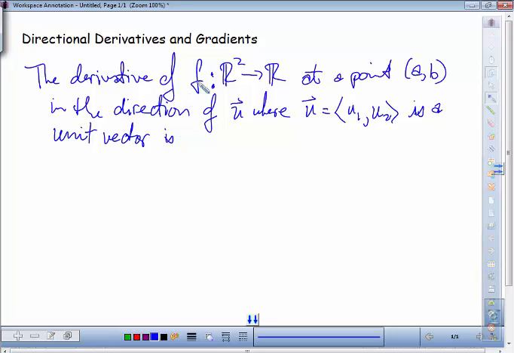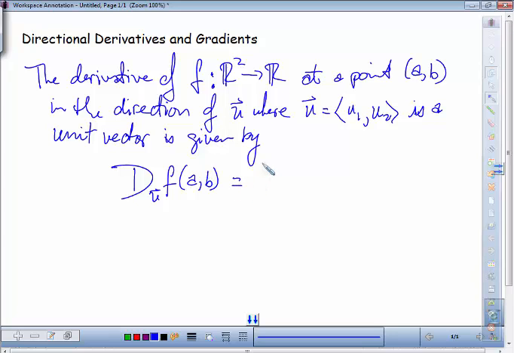So the derivative of f at the point (a, b) in the direction of u is going to be given by and denoted by, so we'll use D for derivative, and capital D is like the standard notation for the main derivative, big derivative. And f is the name of your function, and then u is a direction, so we use u as a subscript of D. So this is a derivative in the direction of u of the function, and then we want to evaluate this function at (a, b). So there's a lot of components here.